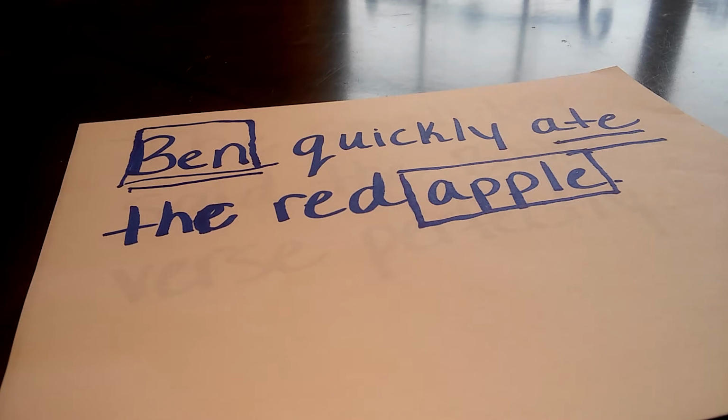So let's look at our first one, Ben. Are there any words telling about Ben in our sentence that tell what kind or how many? No. So we're going to move to our next word in the box, which is apple. Are there any words that say what kind of apple or how many apples?